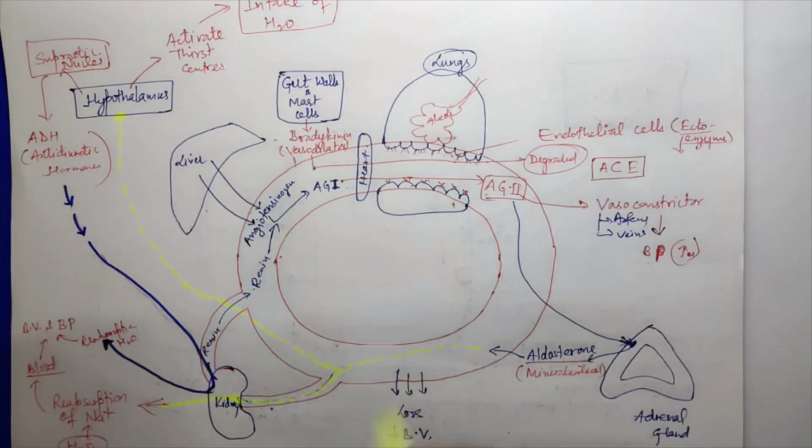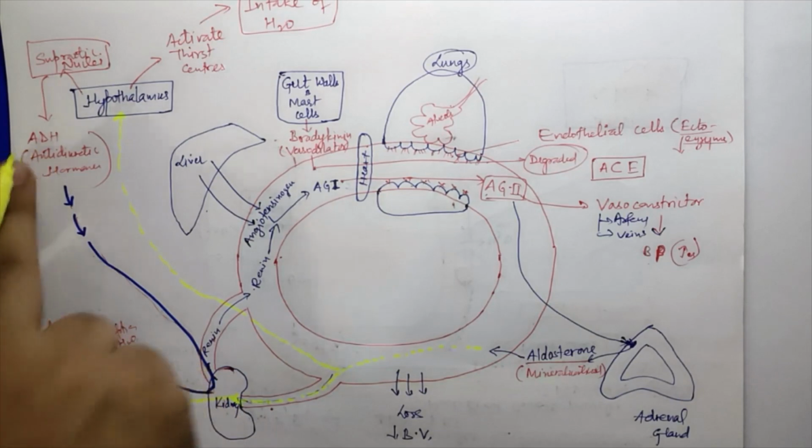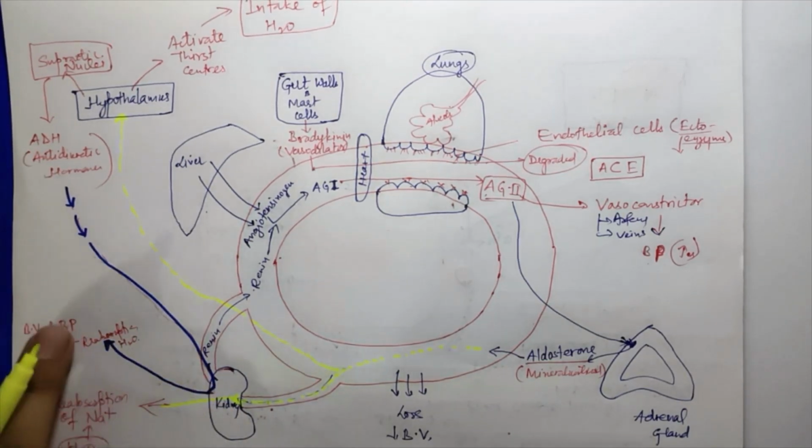But here the main important role is played by the aldosterone hormone in the kidneys, in how it helps in reabsorption of sodium ions and ultimately water, which is also triggered by antidiuretic hormone.